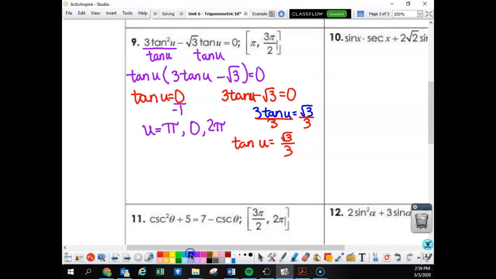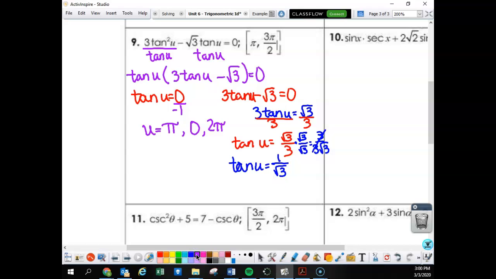Now, if you think about it, this looks like someone multiplied by square root of 3 over the square root of 3. So what we're going to do is undo that by multiplying it again. Because on top, square root of 3 times the square root of 3 would just be 3. And at the bottom, I'm left with 3 square roots of 3. So those 3's cancel out. So I want tangent u to be 1 over the square root of 3.